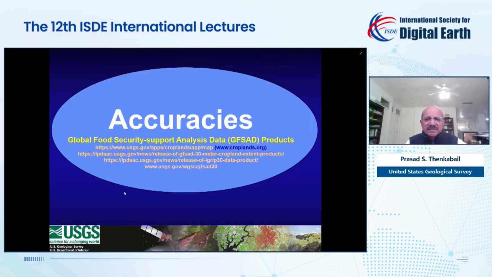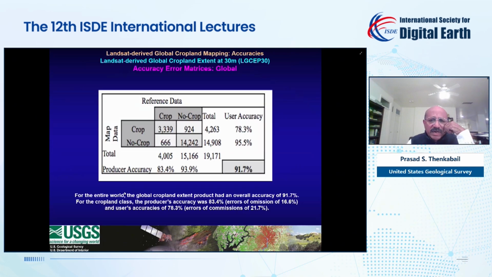And how accurate is this data? So we have these error matrices. People might be very familiar with error matrices; you can use only validation data to validate this. For example, for irrigation and rain fed, for cropland and non-cropland, this map is produced at about an overall accuracy of 92%. But what is important is how well cropland is mapped.